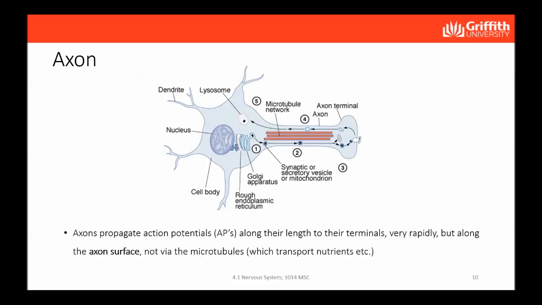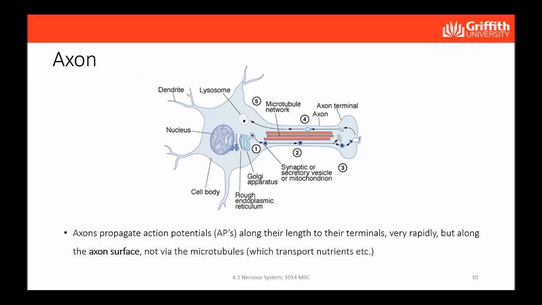Each neuron has a single axon, which arises from a cone-shaped area of the cell body, called the axon hillock. The length of an axon varies depending on the function of the nerve. For example, axons of a motor neuron controlling the skeletal muscles can extend up to 1 meter long from the spine to the foot, making it the longest cell structure in our body.